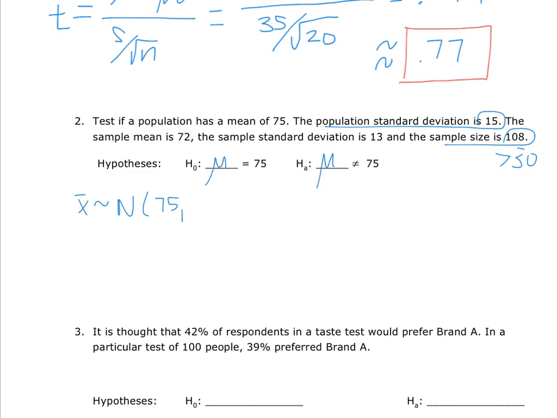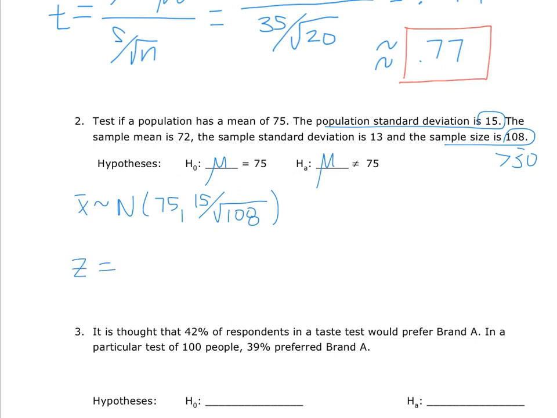For the standard deviation, we're going to use the population standard deviation because it's given to us. That's a fixed value, and it has less variability in it than the sample standard deviation. So there's the distribution. Now we can calculate the z-value.